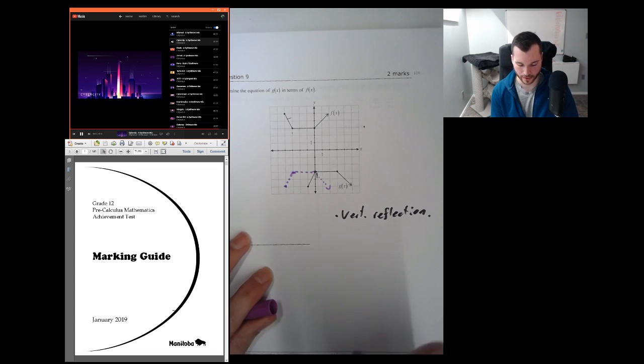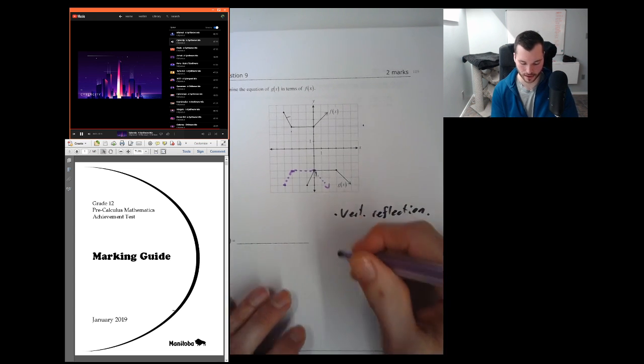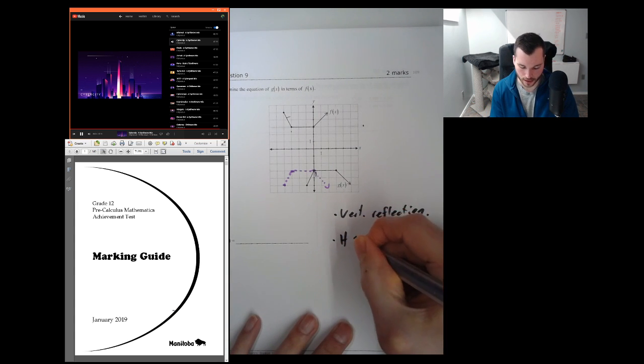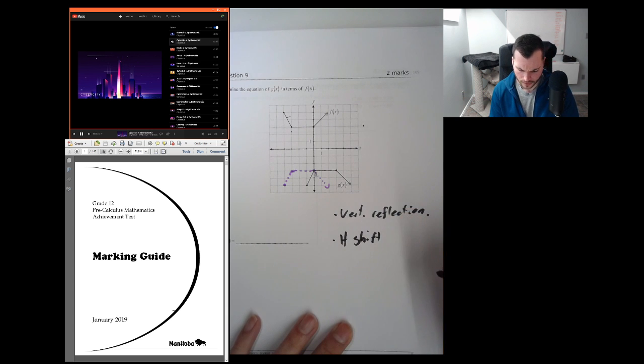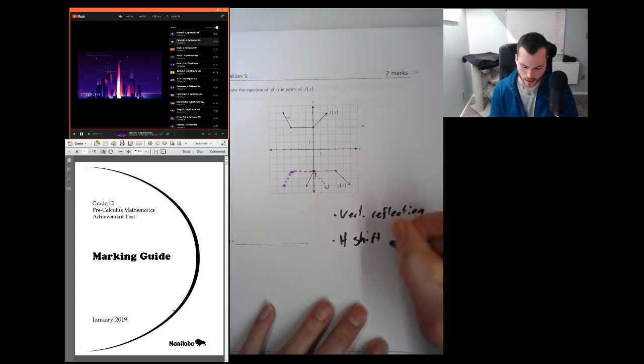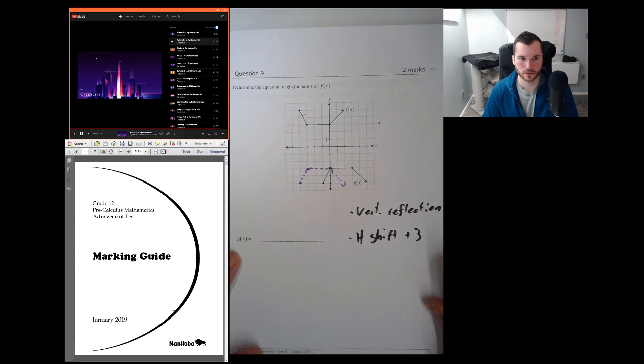We have to pick this graph up and move it over this way, 1, 2, 3 spots. There's definitely a horizontal shift now. It looks like it's to the right, 3 spaces, plus 3. So we have to now put this all into a nice tidy package.